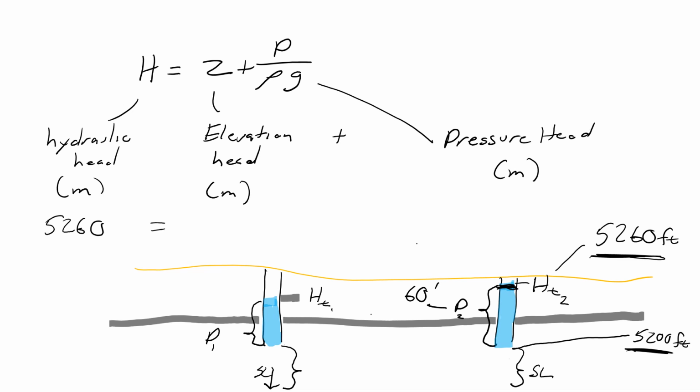So in this case, 5,260 equals the elevation head of 5,200 plus pressure head of 60, all in feet. Could be meters, could be feet, whatever we want to use as a unit. What about for this example? Let's say the base of the well is at 5180 and total head is 5230.